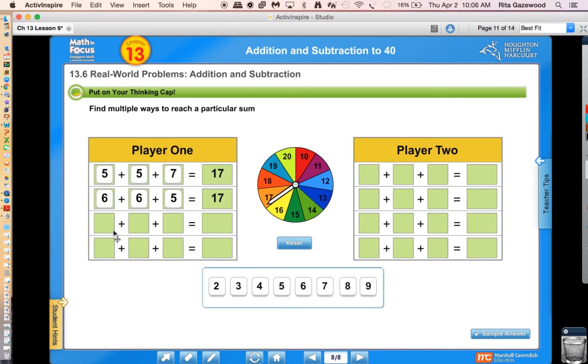All right, I'm going to try another way. Oh, I like my make 10, so I'm going to say 8 plus, what do I add to 8 to make 10? Right, 2. 8 plus 2, and what do I add to 10 to make 17? That's right, 7. So 8 plus 2 plus 7 makes 17.